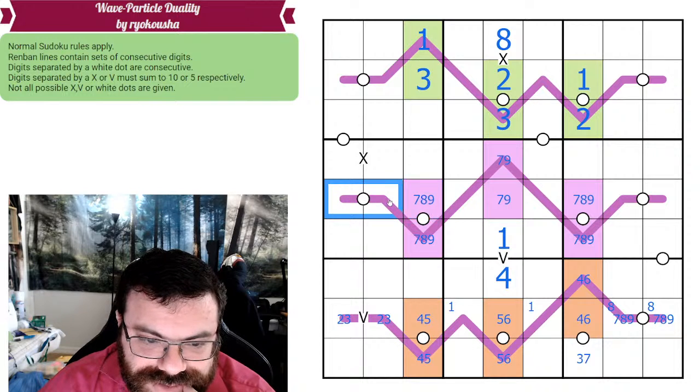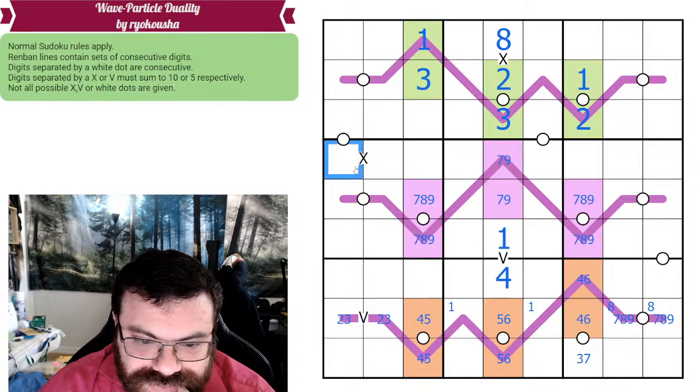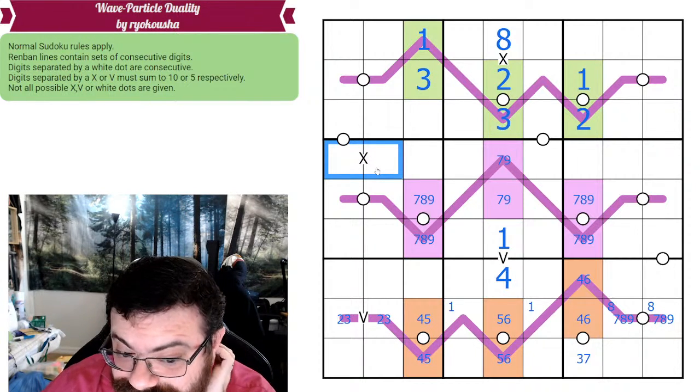Let's say this were the 1, 2. This would have to be 3, 7 or 4, 6. Doesn't seem like a problem though.